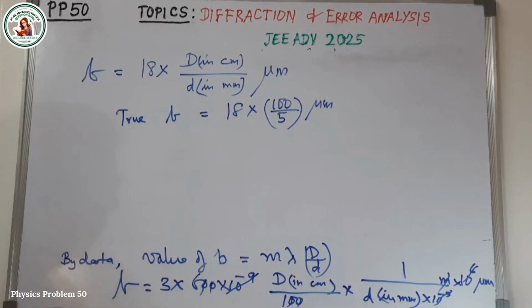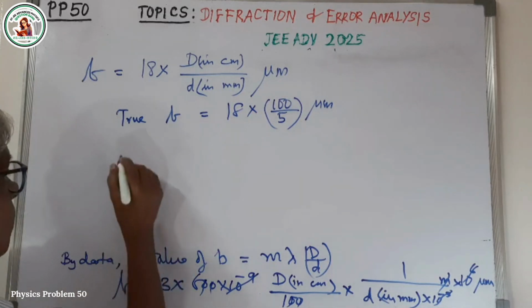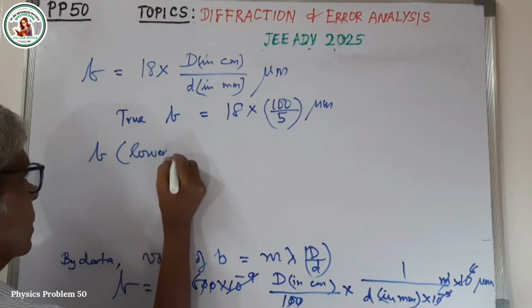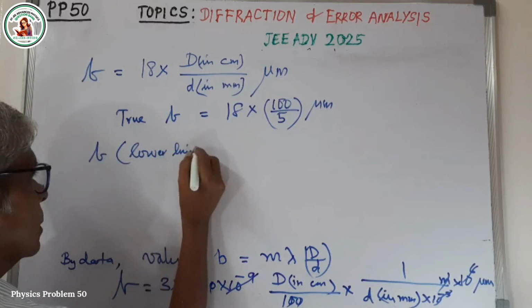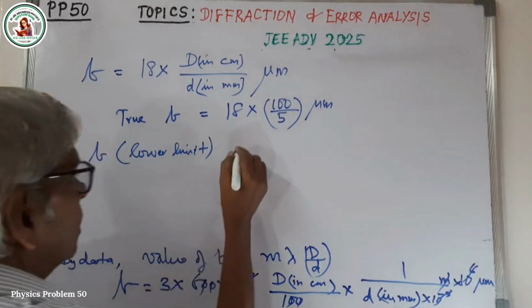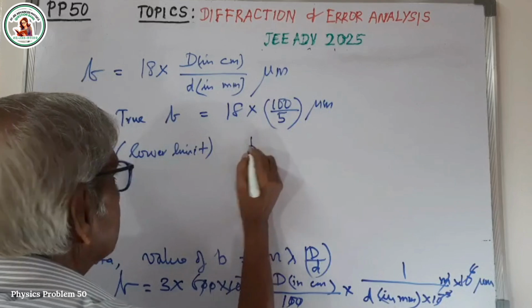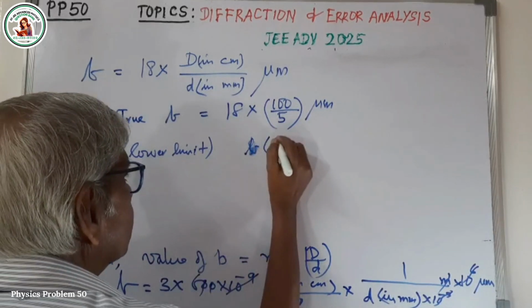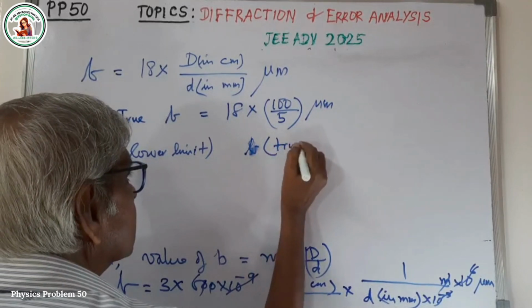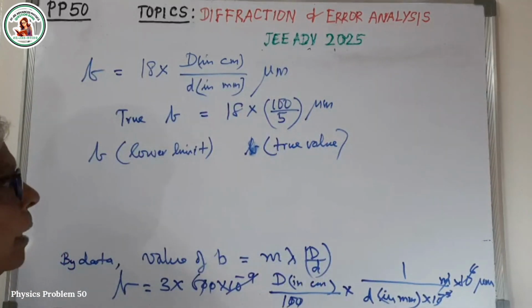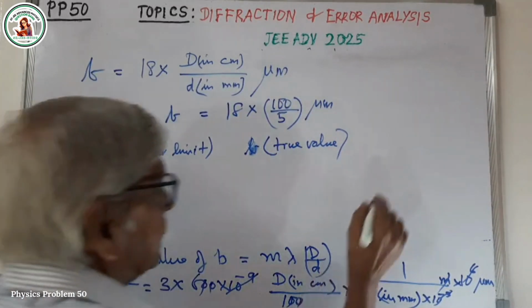The lower value of b that you can get in this experiment is the b lower limit, then the b true value, and the b upper limit.